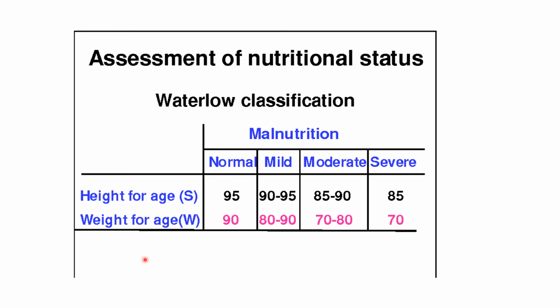For weight for age, the normal child is having 90% and more, whereas for a mildly malnourished child the percentage is 80 to 90, moderately malnourished is 70 to 80%, and the children who have less than 70% are considered severely malnourished. That is according to Waterlow's classification.